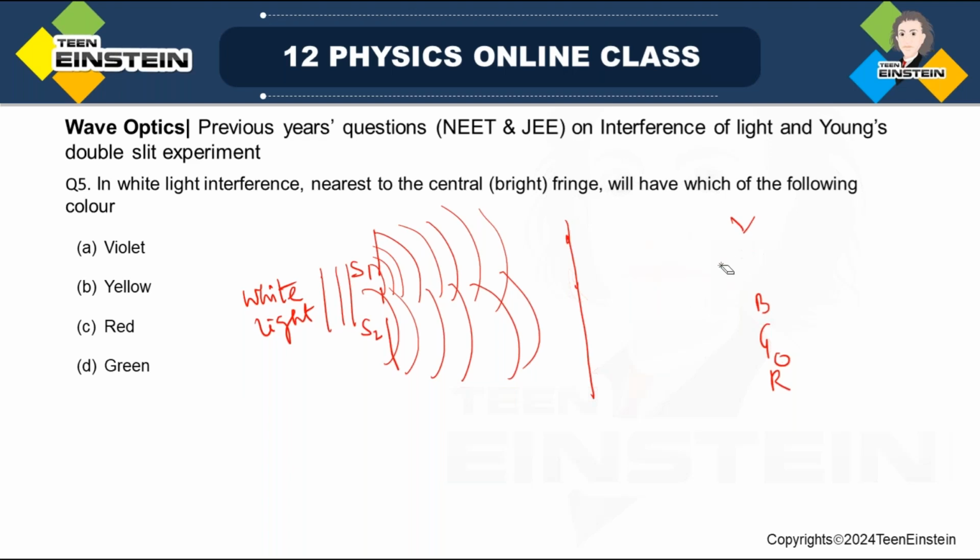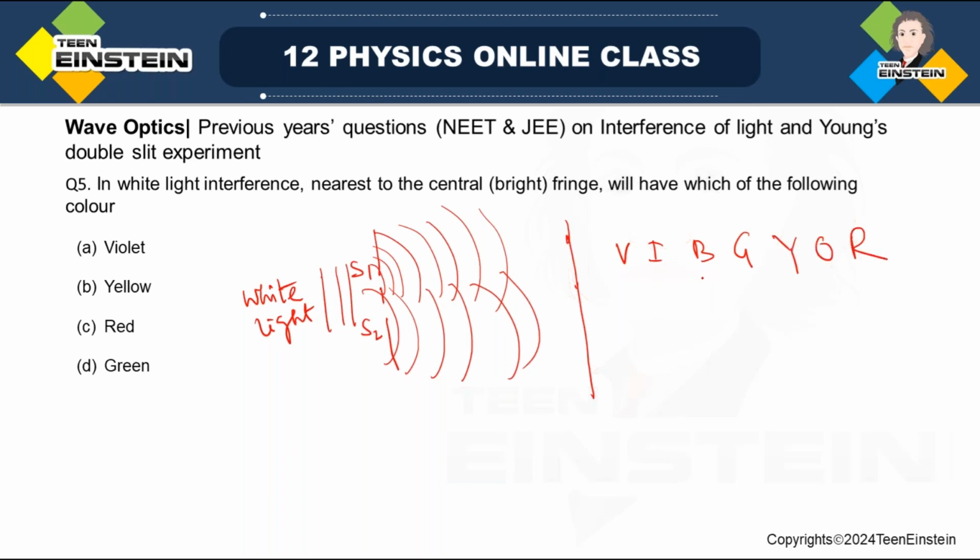Let me write like this: violet, indigo, blue, green, yellow, orange, red.